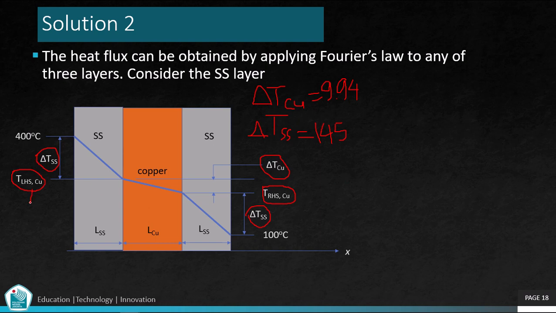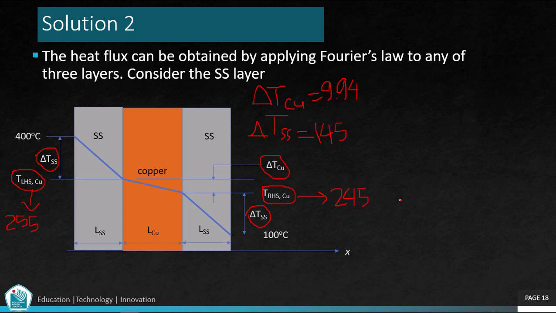So this value will be 400 minus 145, so it is equal to 255, and this value will be 100 plus 145, so this one will be equal to 245 degrees C.